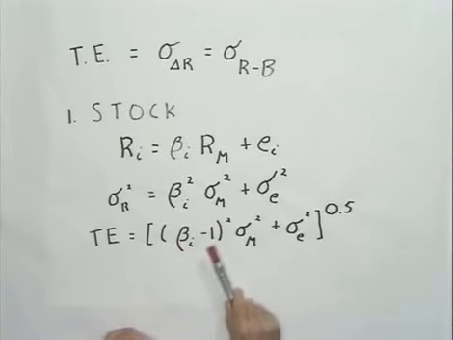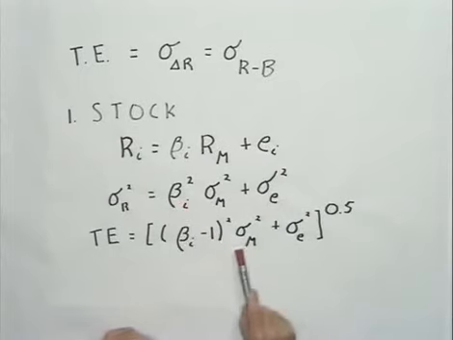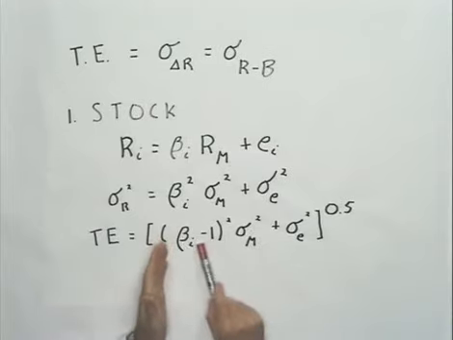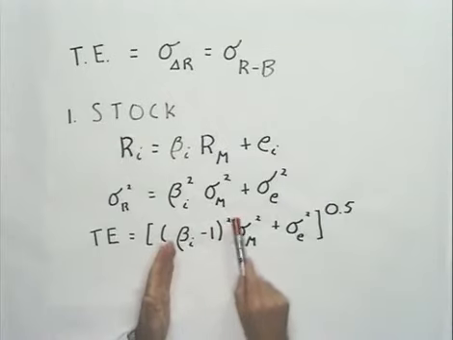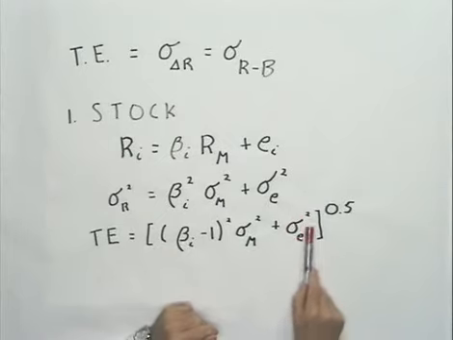So that's why we have (beta_i minus 1) all squared for this term, and that's multiplied by the variance of the market. Again, with the same beta as the market, we'd have 1 minus 1, which is 0, and 0 squared times anything would be 0. So the only tracking error you could get is in terms of this second term here.